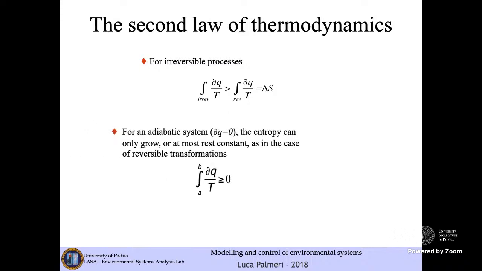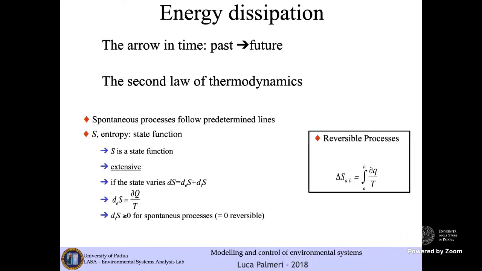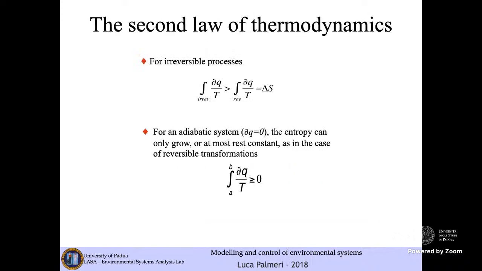All this reasoning just brings us to the conclusion that for an adiabatic system, so a system that cannot exchange heat with the surrounding environment, I remind you the definition is this one. So for an adiabatic system, dQ is equal to zero. So we have only a variation of entropy due to internal processes.